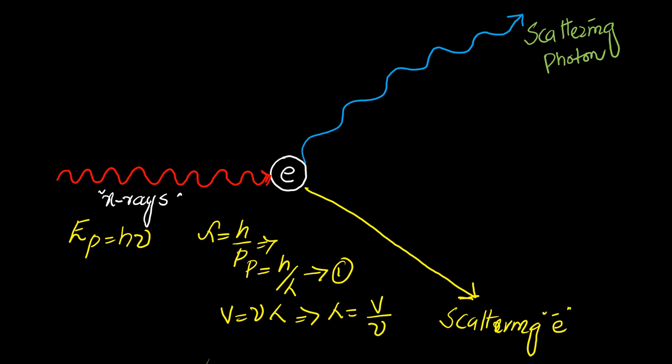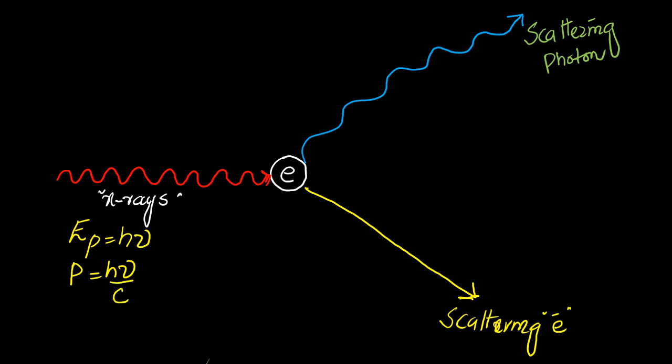So equation number 1 will become p is equal to h nu divided by v, and the velocity of a photon is equal to c. So p will be equal to h nu divided by c. So we can write the momentum of the photon, p, as h nu divided by c.